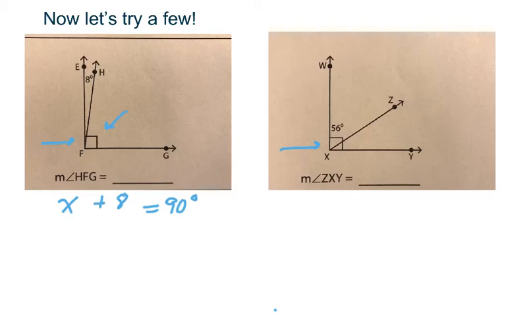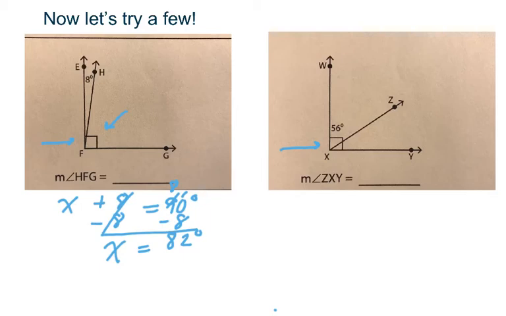If this is plus 8, I'm going to have to take the opposite and move it to the other side. I'm going to minus 8. That cancels out and gives me X. So 90 minus 8, of course you borrow, make that 10. 10 minus 8 is 2. Since I borrowed from my 9, that's an 8. So I'll just bring it down, and that is 82. So X equals 82 degrees.